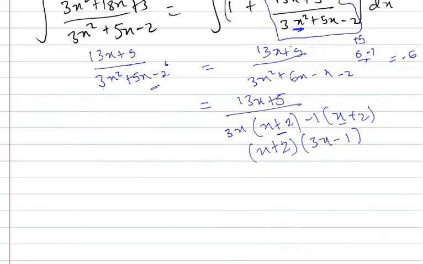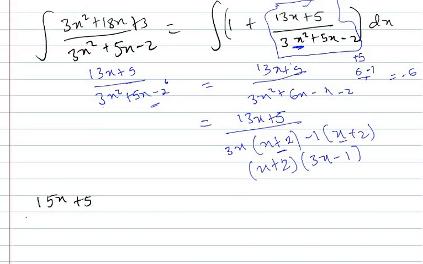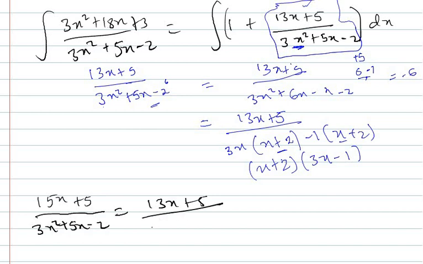Let's continue like this. So we know that our expression, 13x plus 5 (let me confirm, yes, plus 5) all over 3x squared plus 5x minus 2, is going to be equal to (13x plus 5) all over (x plus 2) into (3x minus 1).